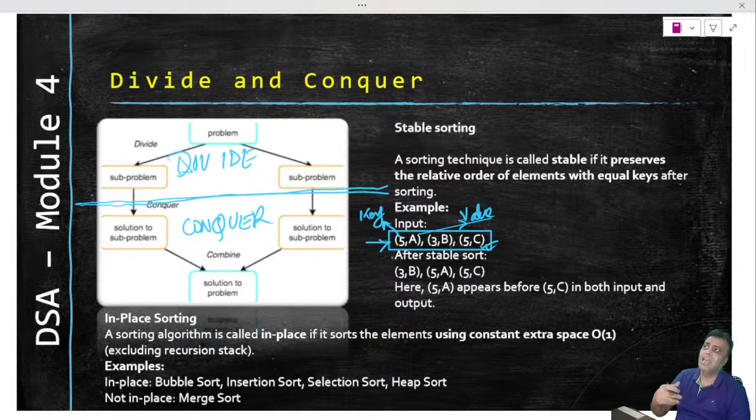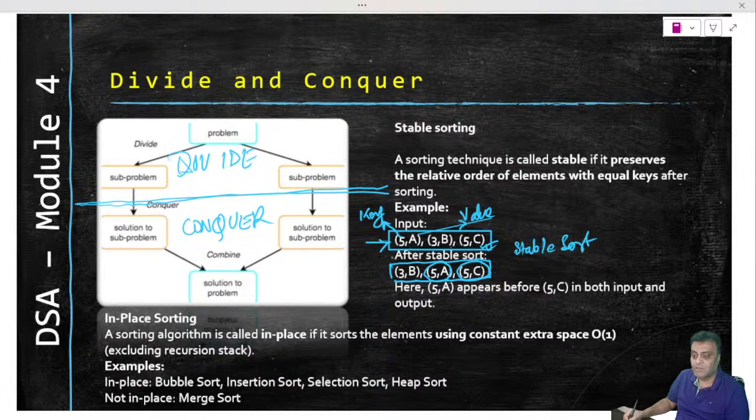In an array, if there are duplicates, then how does the sort look after the sort? 5A came first, 5C came last in the original sequence. But when you sort it, if you maintain that original sequence, that is, 5A will come first and 5C will come after 5A, then it is called a stable sort, right?